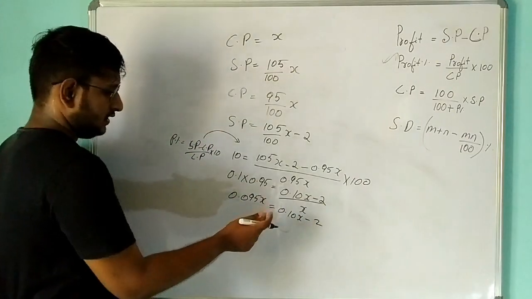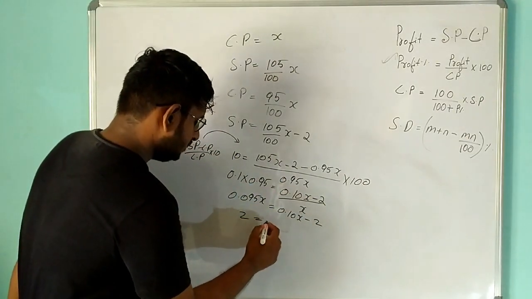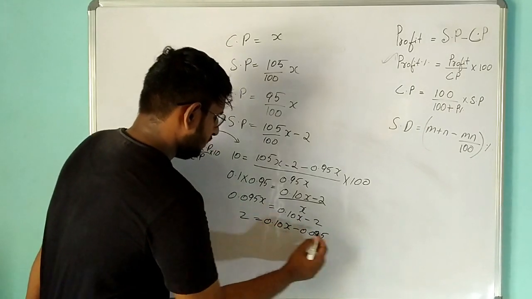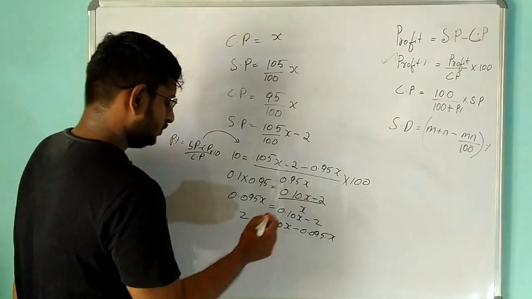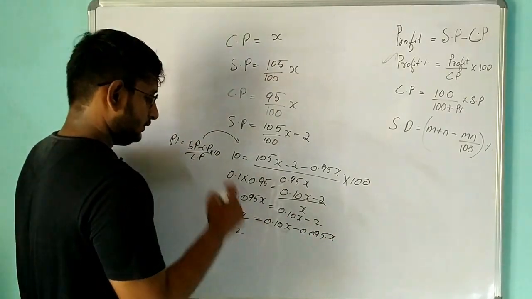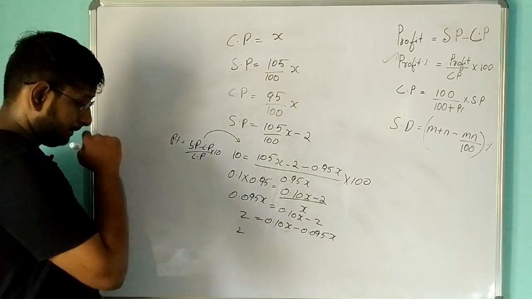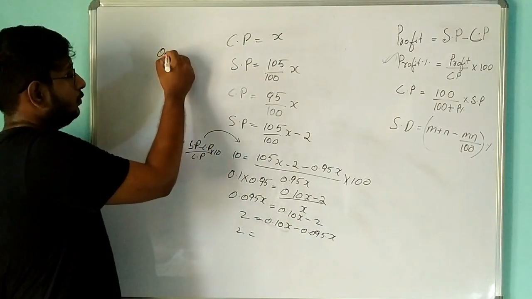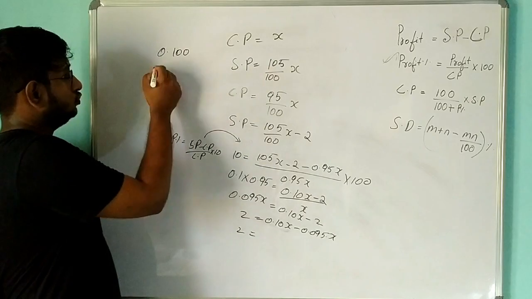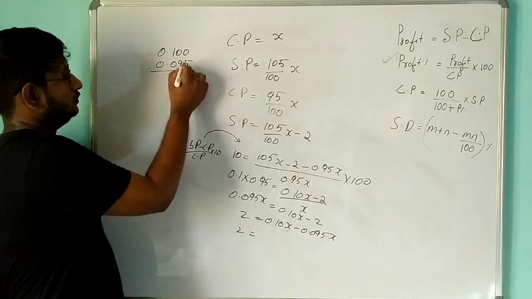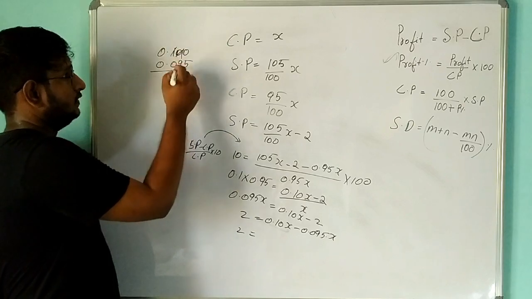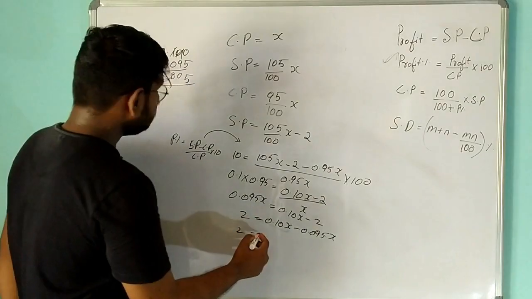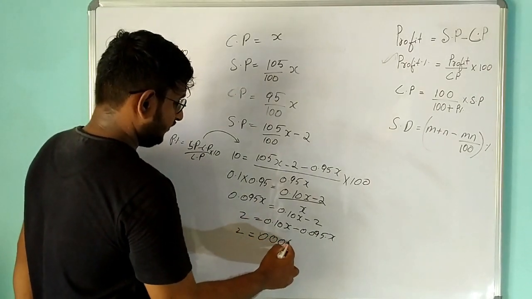Then I will have 2 is equal to 0.10x minus 0.095x, so 2 is equal to 0.005x.